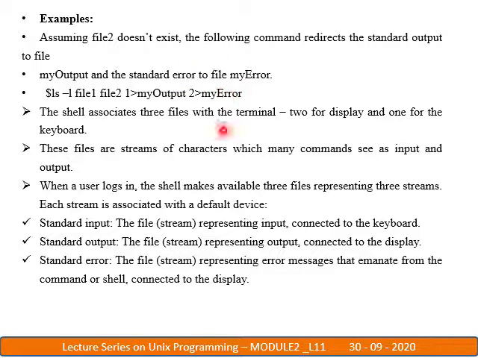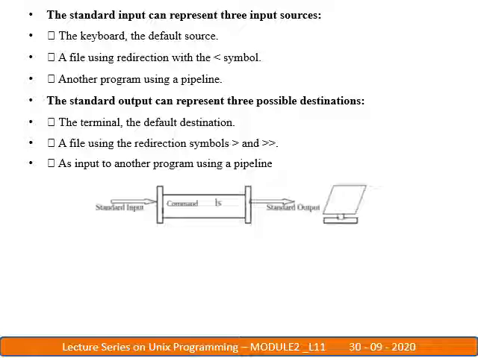What it does is the shell associates 3 files with the terminal, 2 for the display and 1 for the keyboard. This stream of characters is seen as input and output when a user is logged in with a shell, which makes available all these 3 files representing 3 streams. And this is about the 3 input sources we have discussed. Whenever the standard input is given in the form of a command, suppose the command is ls, then the output is normally given to the standard output, which is the screen.